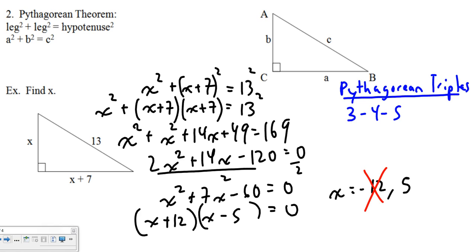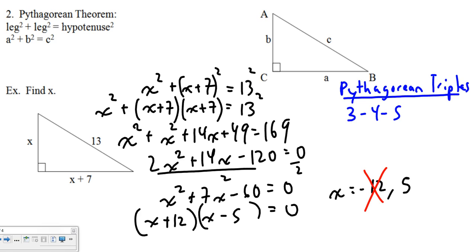Now, 3, 4, 5 works, but also multiples of 3, 4, 5 work, such as 6, 8, and 10. 6 squared plus 8 squared equals 10 squared. Any multiple of those numbers work. There are 4 total, and these will come up on ACTs, as well as in this book quite often.